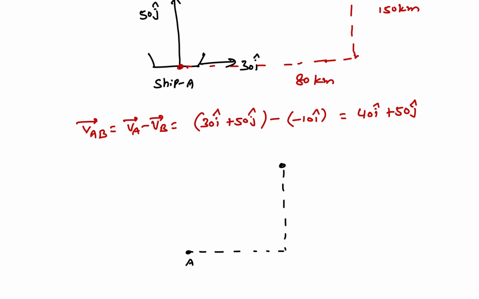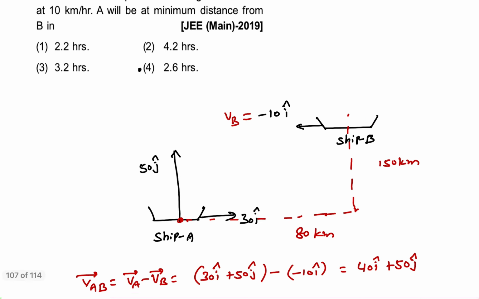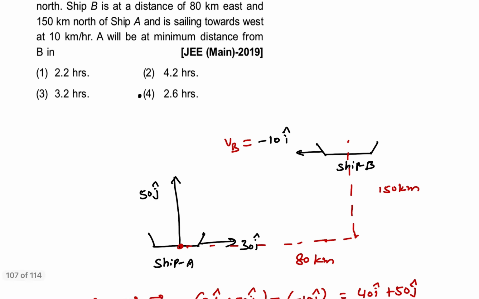See here, this is point A, this is the B point. Now I am writing how this B point is moving. A with respect to B is somewhere here like this. This is the velocity of A with respect to B, 80, and this is 150, and the velocity of A with respect to B value I have written.